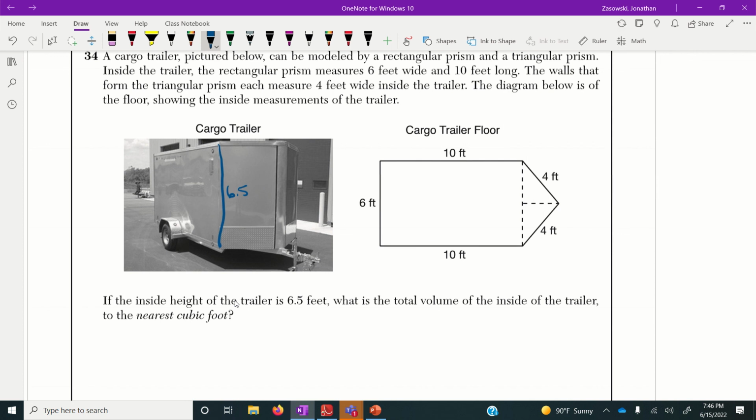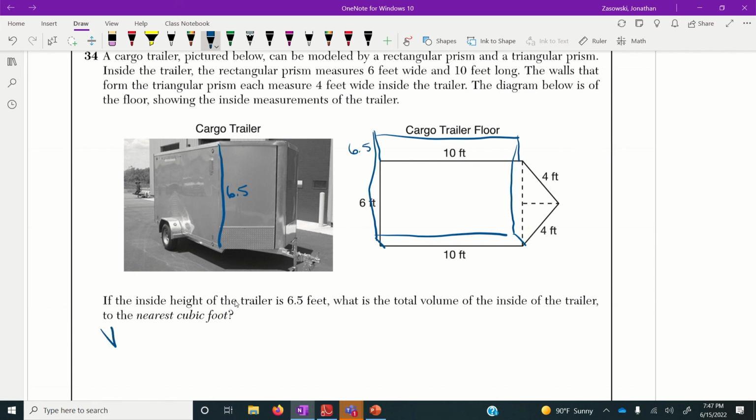What is the total volume inside the trailer to the nearest cubic foot? Okay, so not too bad, actually. So we can really make use of this rectangular prism here pretty easily, okay? So if you think about this as being our inside part, it's just the area of the base times the height, which we know is 6.5 feet.